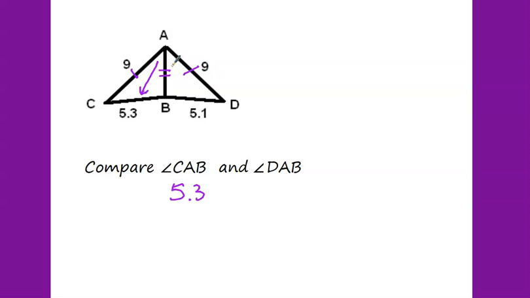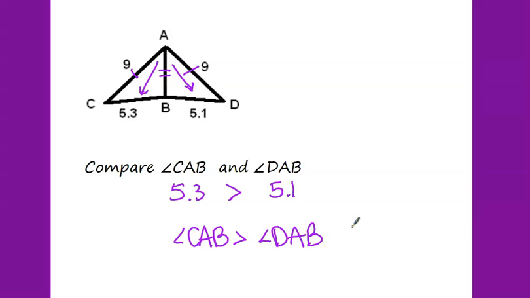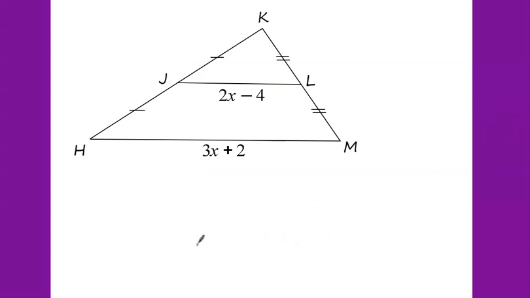The side across from the DAB is 5.1. So I'm comparing those two side lengths to then compare these two angles. So 5.3 is larger than 5.1, so that means that angle CAB is going to be larger than angle DAB. So larger side, larger angle once again.